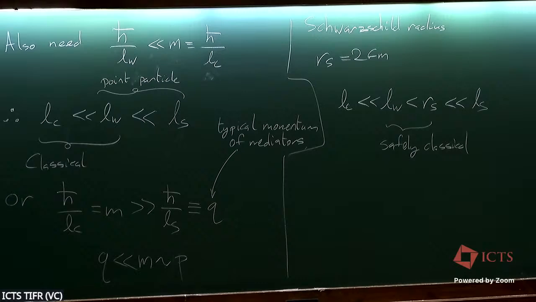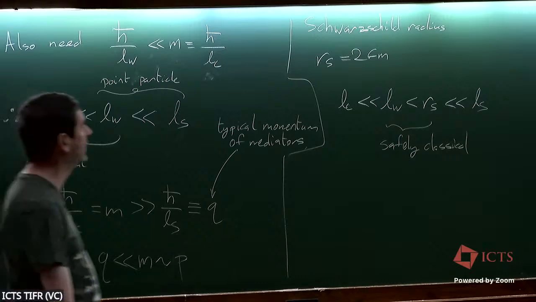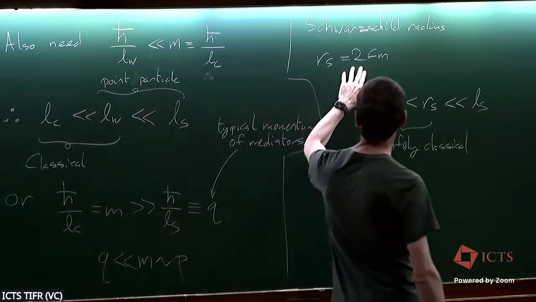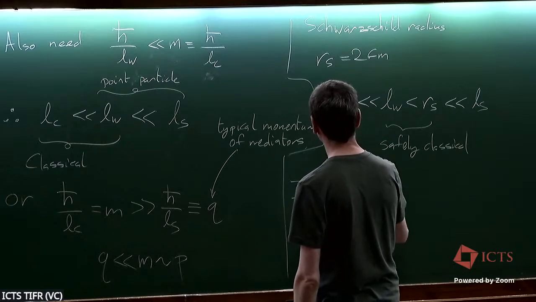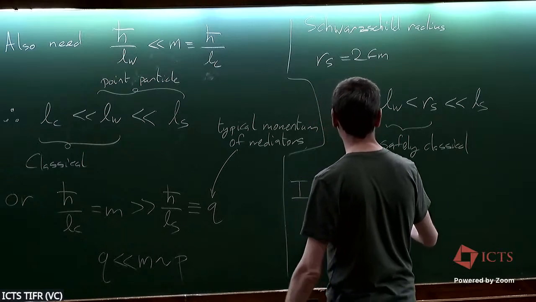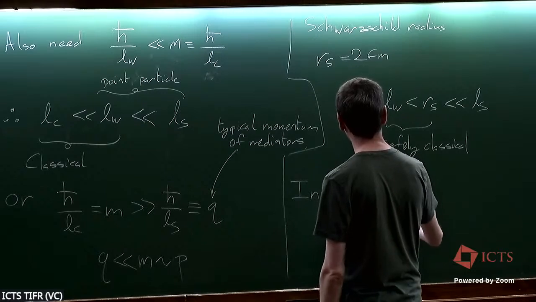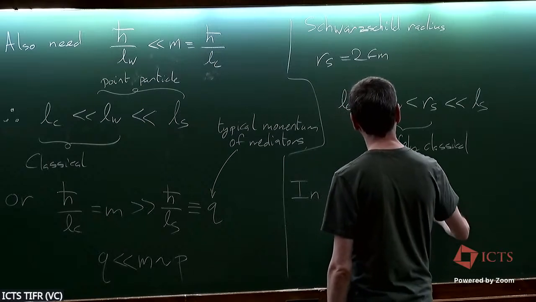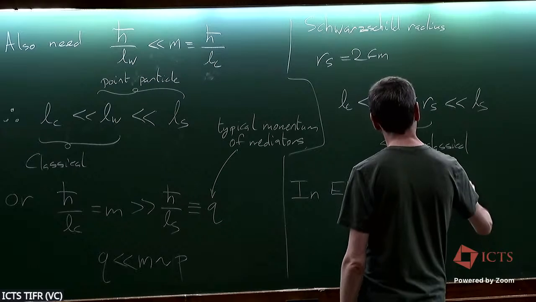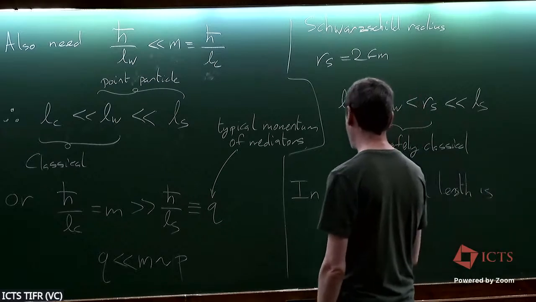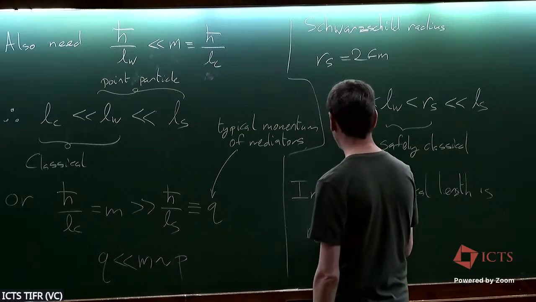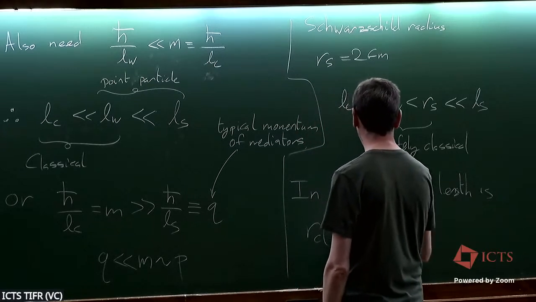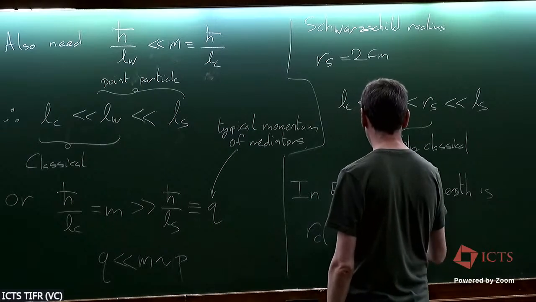So in electromagnetism, there is also a scale. It's the electromagnetic version of the Schwarzschild radius. In electrodynamics, you have a classical length scale, the classical size of the electron, which is e squared over 4 pi m, or charge squared over 4 pi m.